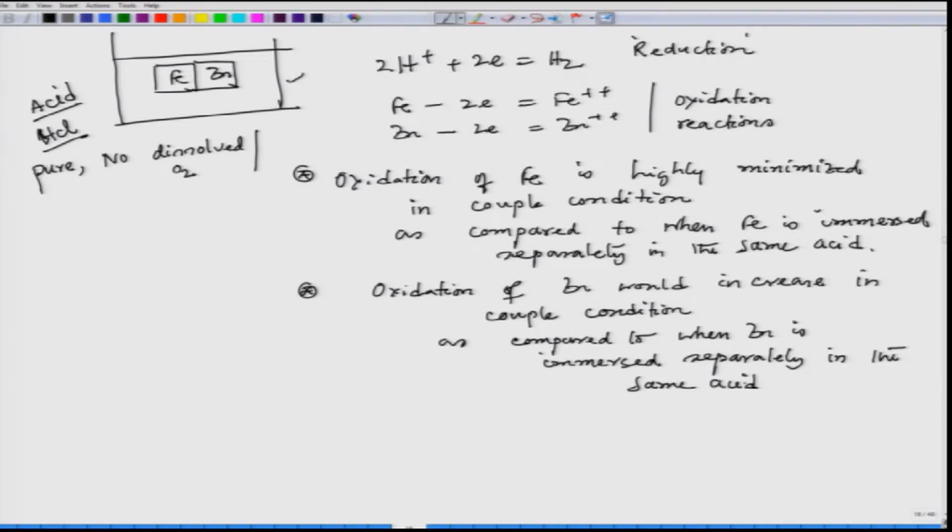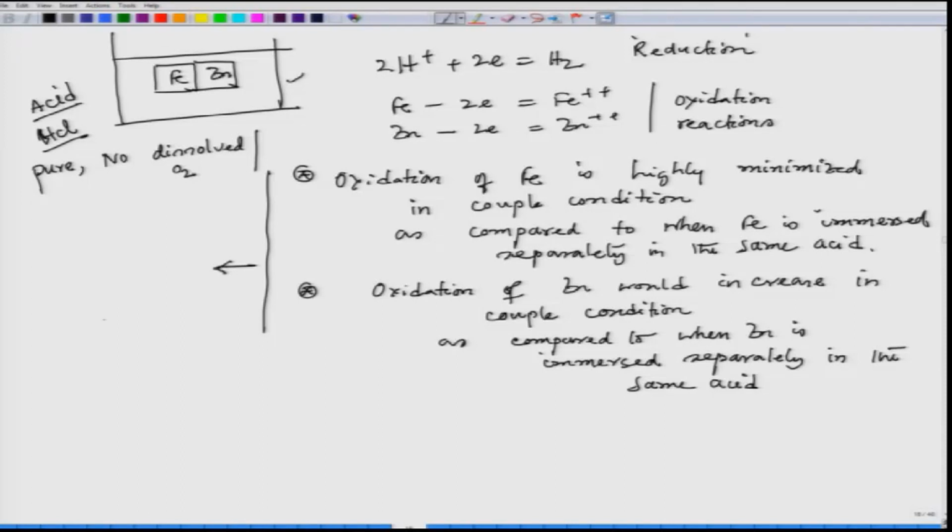So, what we are saying is qualitative, but when we talk about mixed potential theory, we will also quantify how much would be the reduction of the rate of oxidation of iron, or how much would be the increase of oxidation of zinc. Here the reduction means the lowering or decrease in the oxidation rate of iron, and how much would be the increase in oxidation of zinc when we have a couple dipped in HCl solution.